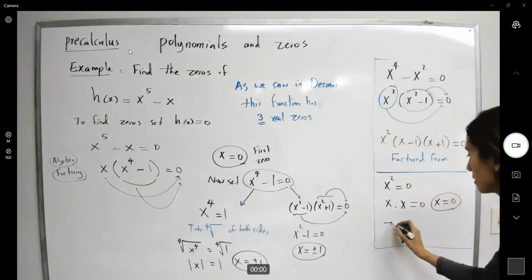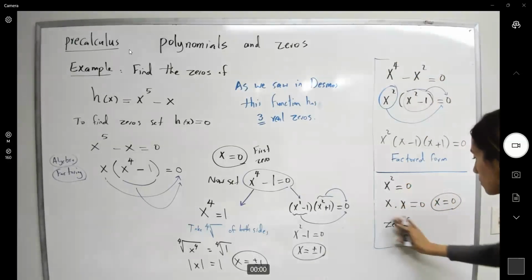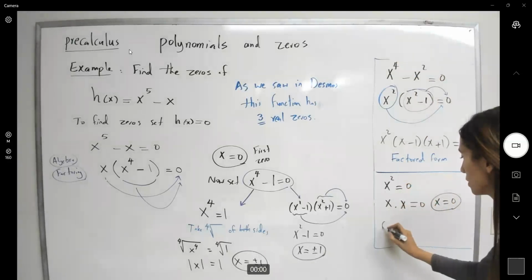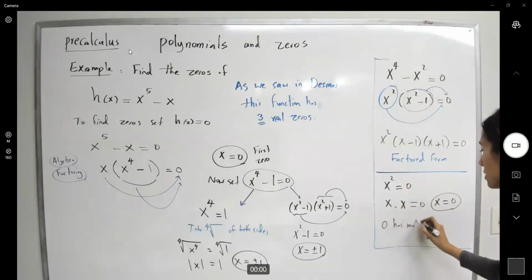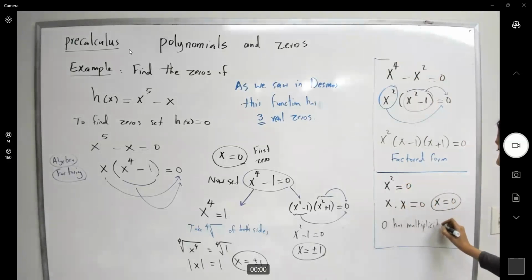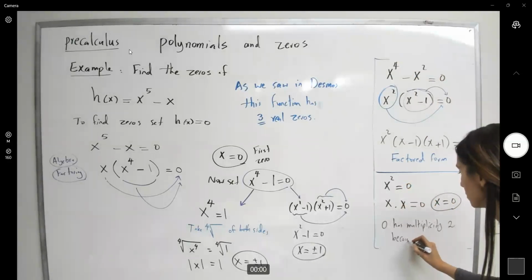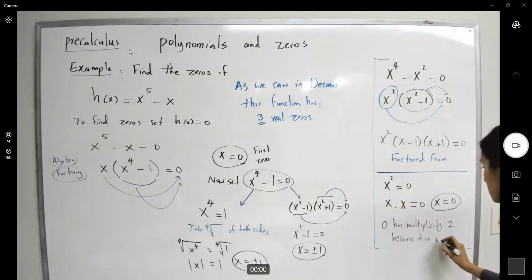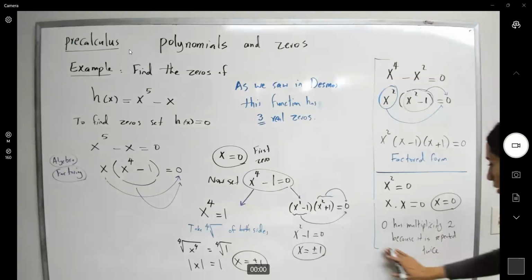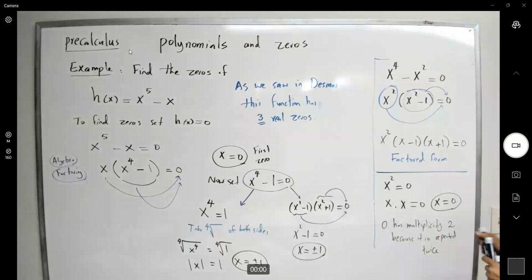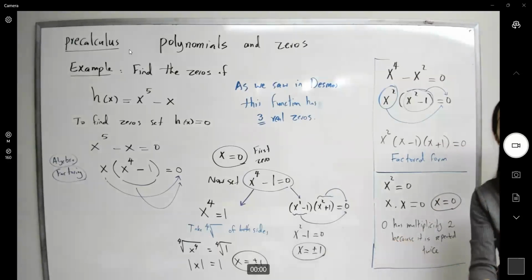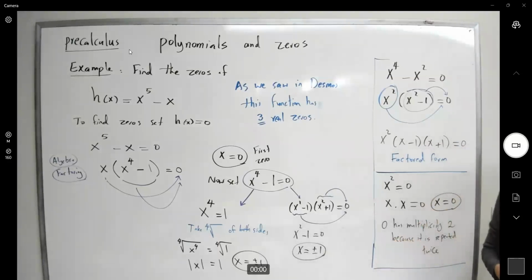We say that this 0 has multiplicity 2, because it is repeated twice. This is the note that we want to mention. As long as you see exponent 2, exponent 3, exponent 4, then you say the multiplicity is 2, the multiplicity is 3, the multiplicity is 4, and so on.